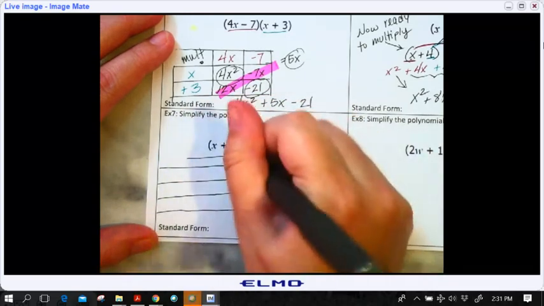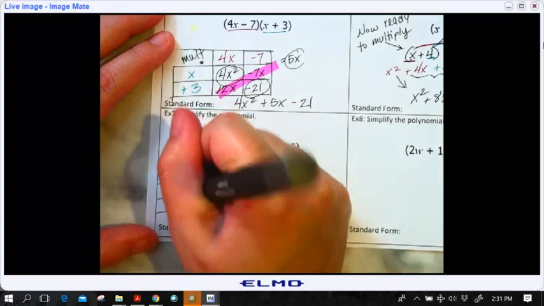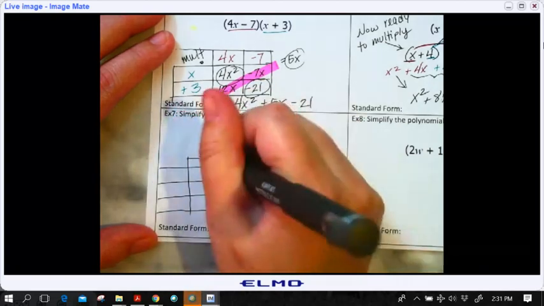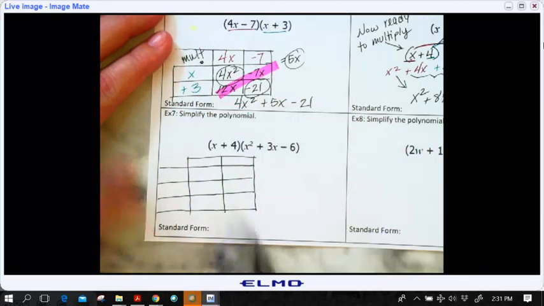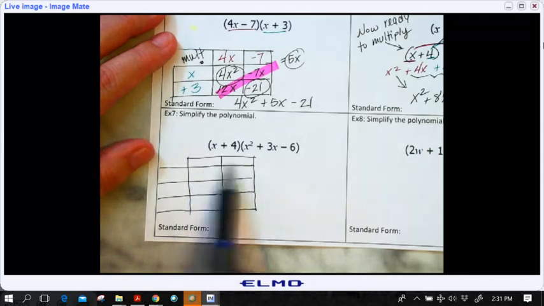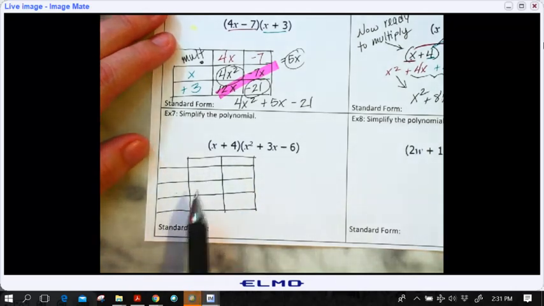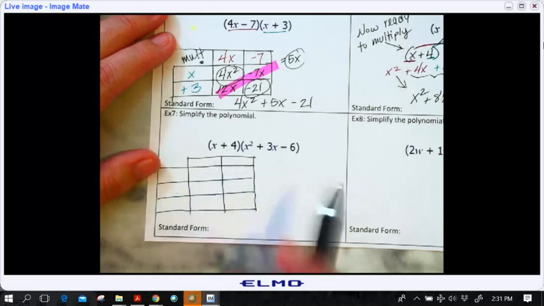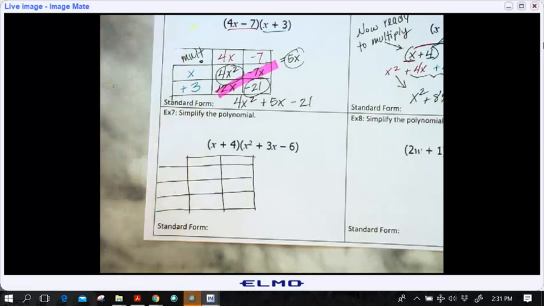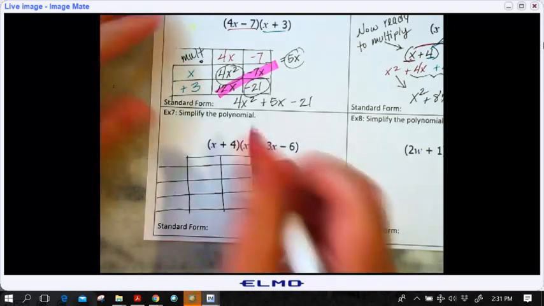So I've done it like this. So I did 2 across and 3 down. You could have done it the other way as well. You could have done 2 down and 3 across. Either way. The important part is that we fill it in the correct places when we fill it in.